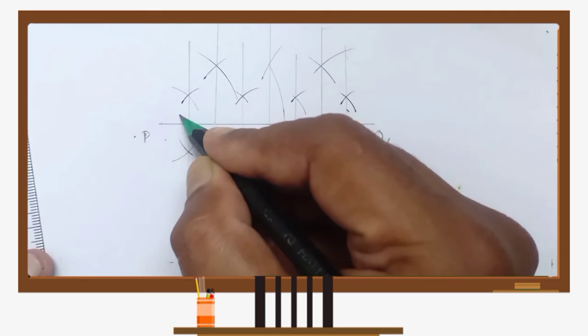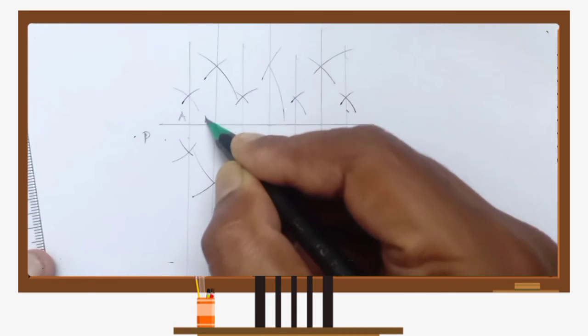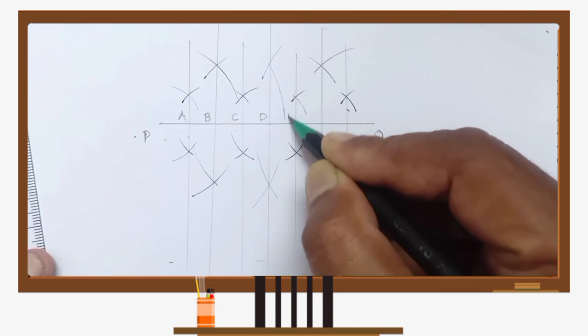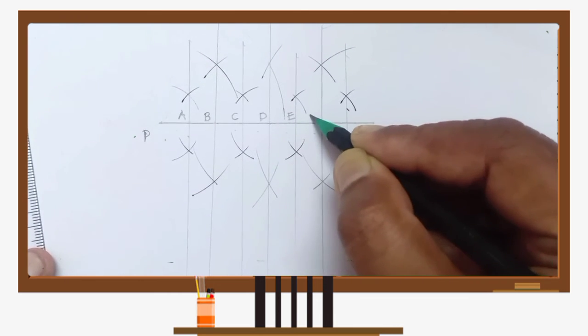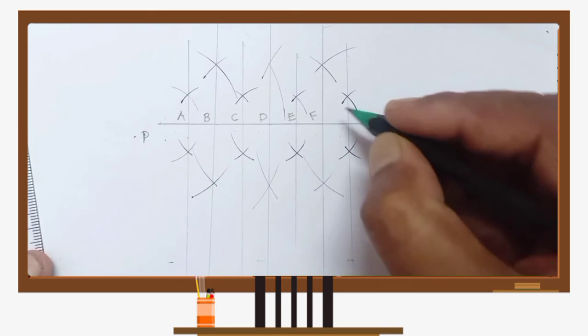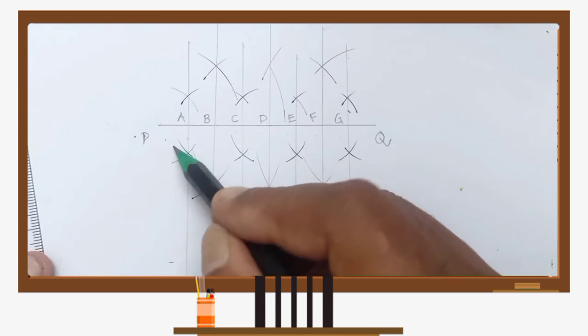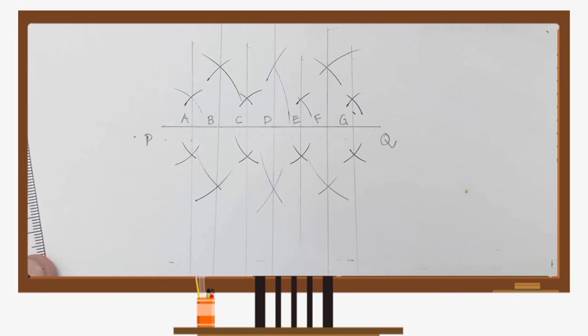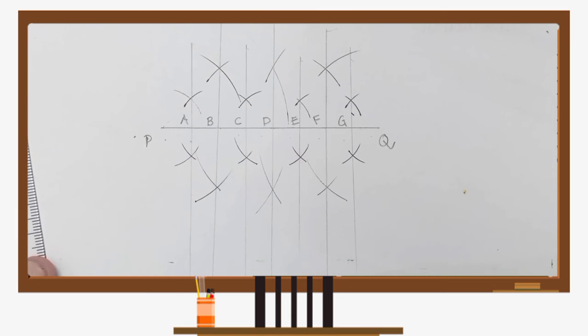You can give here names A, B, C, D, E, F, G. All parts will be equal. This type of technique you can apply to every segment.